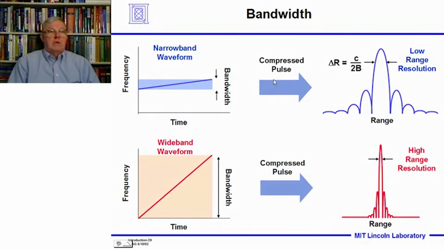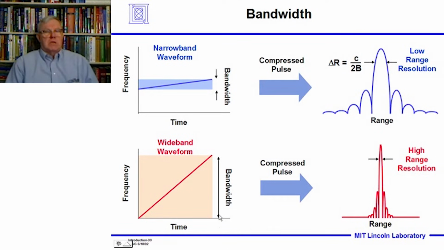When we process it through pulse compression and convert the time to range, our resolution is the speed of light divided by twice this bandwidth. So if we have a high bandwidth, as visualized here, and then do pulse compression, the denominator gets bigger, the answer gets smaller, so we'll have much better range resolution with wide bandwidth.